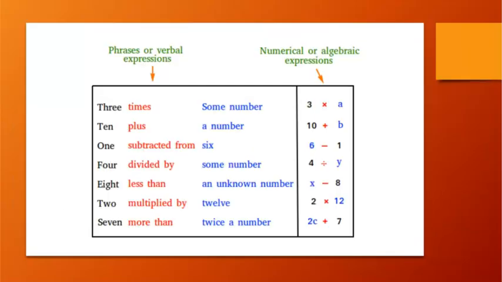So here's an example of how the expressions can be written. You have some that are written with words, such as 3 times some number, and then with numerical or algebraic expressions, you would write that as 3 times a, or 3a, or you can have 3 and then parentheses a. You have 10 plus a number, that's 10 plus b.